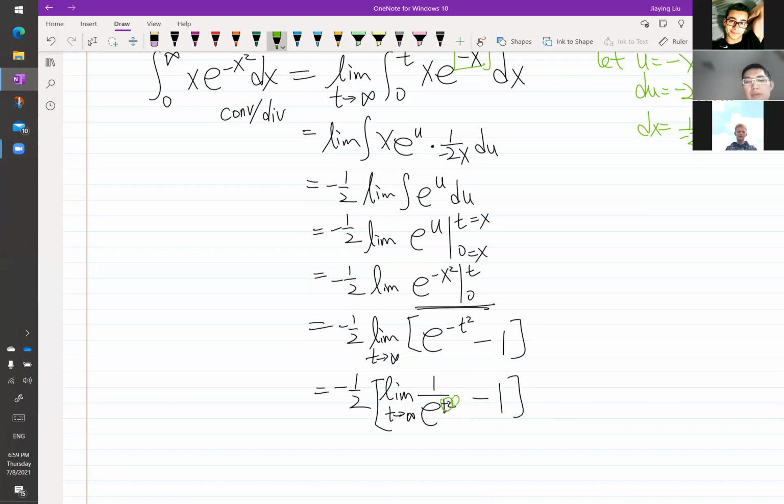So e to the infinity is infinity, and 1 over infinity is 0. So the first term approaches 0. And then we just end up with negative 1/2 times negative 1, which is 1/2.